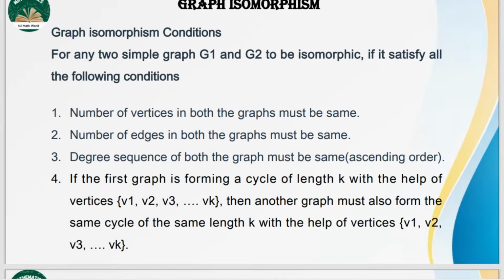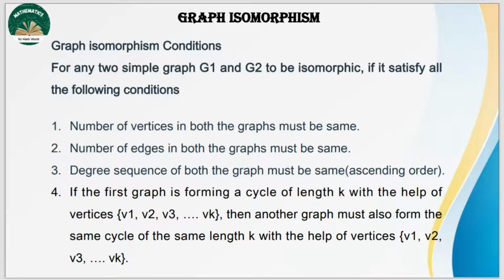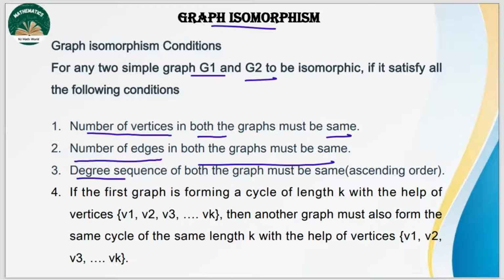So we have some conditions for isomorphic graphs. What are the four conditions? G1 and G2 are said to be isomorphic if the number of vertices in both graphs are the same. Then the number of edges in both graphs are the same. Then the degree sequence of both graphs must be the same, written in ascending order.